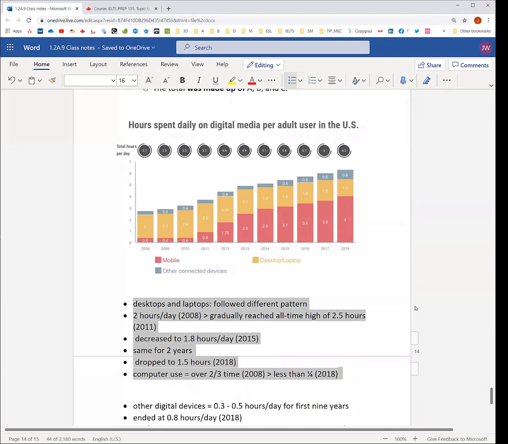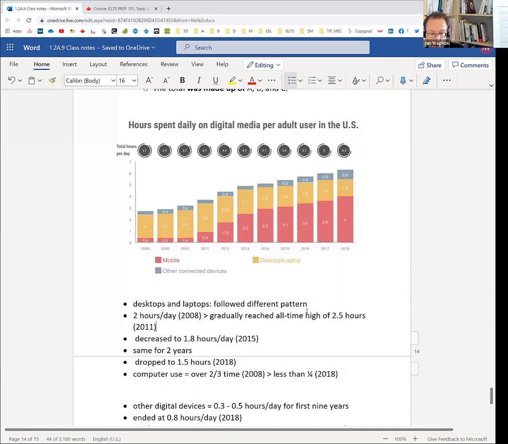Desktop and laptop followed a different pattern at 2 hours per day in 2008, which gradually reached an all-time high of 2.5 hours in 2011.